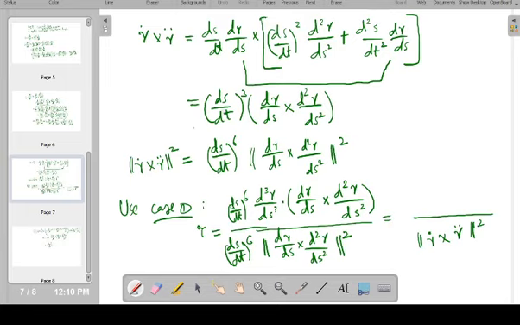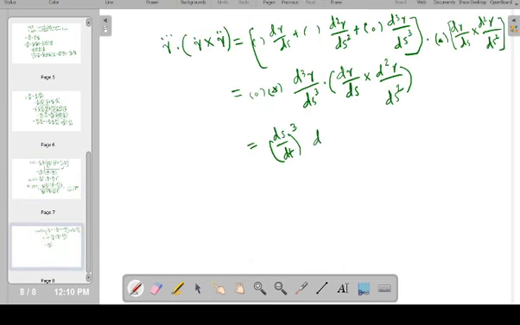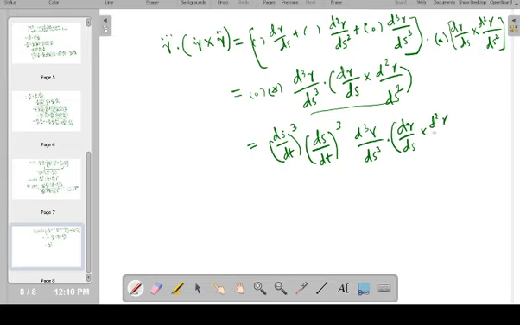It is again ds by dt whole cube, into this expression as it is: d cube gamma by ds cube dot product with d gamma by ds cross d square gamma by ds square. So this is ds by dt whole to the power 6 into the expression in the square brackets.